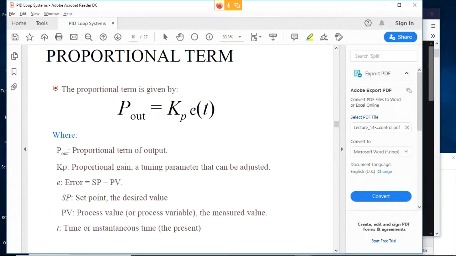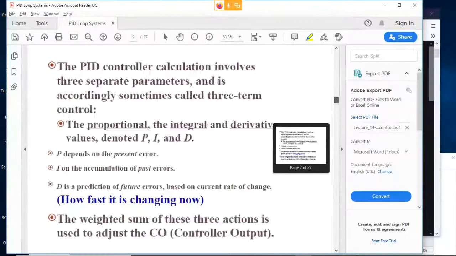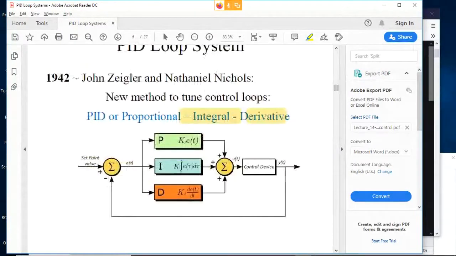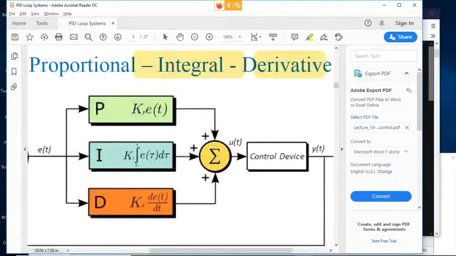Going back to this diagram, what those equations I was giving you were calculating is the error times delta t, and here it's error divided by delta t.